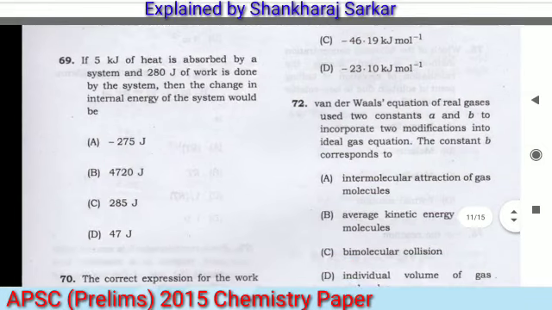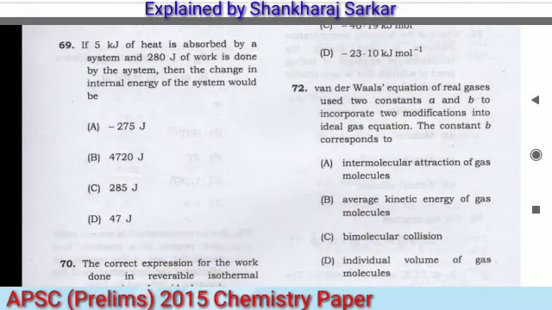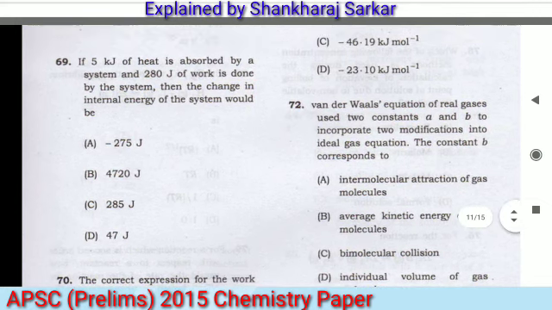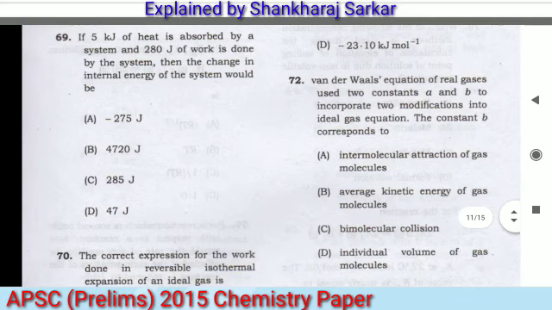Next question, if 5 kilojoule of heat is absorbed by a system and 280 joule of work is done by the system, then the change in internal energy of the system would be. So 5 kilojoule means 5000 joule, and if we subtract 280 joule from 5000 joule, we will get 4720. So option B is correct.